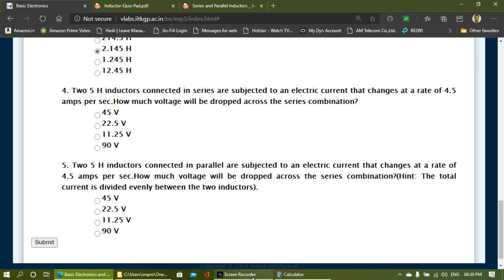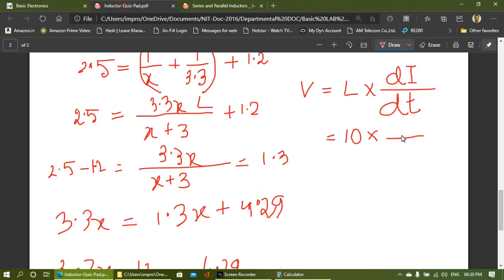Okay, so you will have to find the voltage. 4.5 amps will change in 1 second.